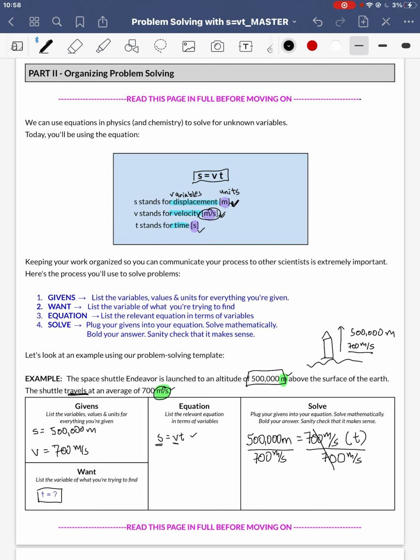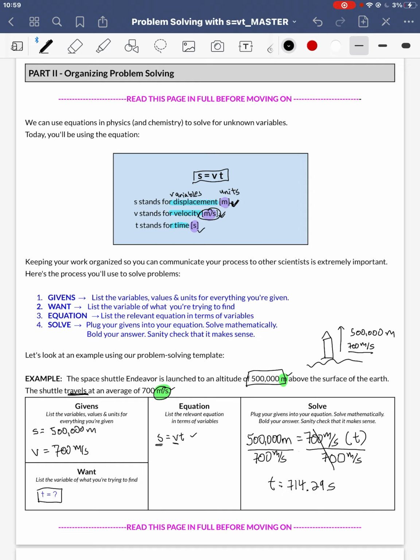And so on the right, those amounts will cancel out. On the left, I'm going to need to put this into my calculator. 500,000 divided by 700. T equals 714.29 seconds.